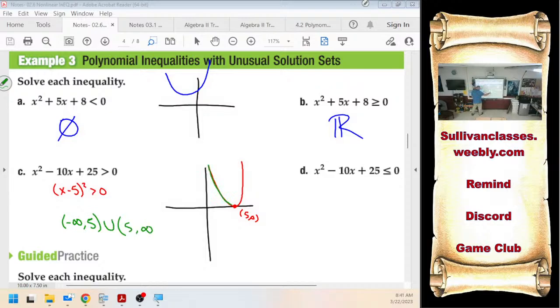It's greater than 0 here. It's greater than 0 here. You just have to exclude that one spot. Okay, what if I said less than or equal to 0? Just there, right? It's never less than 0, but it equals 0 at exactly 5.